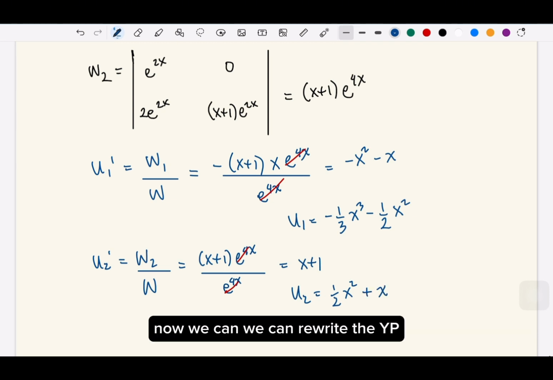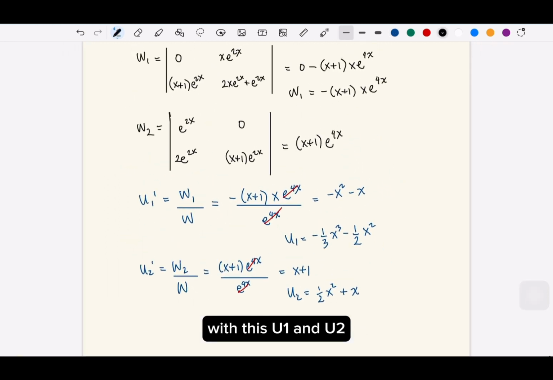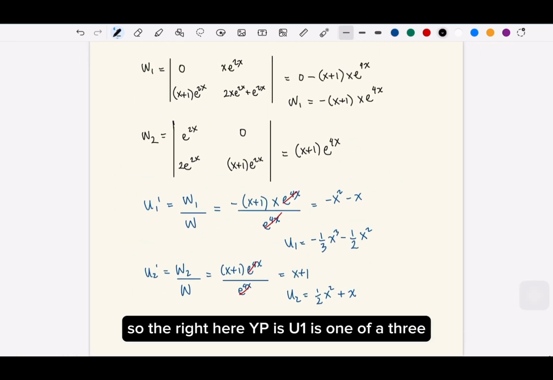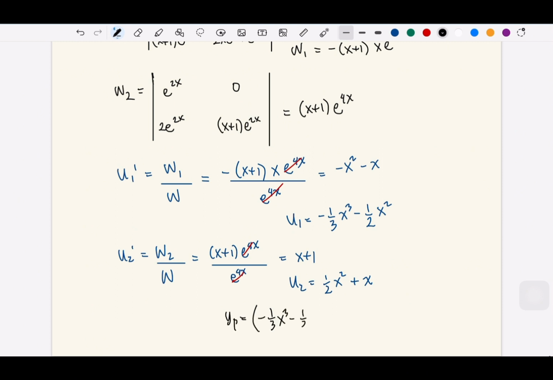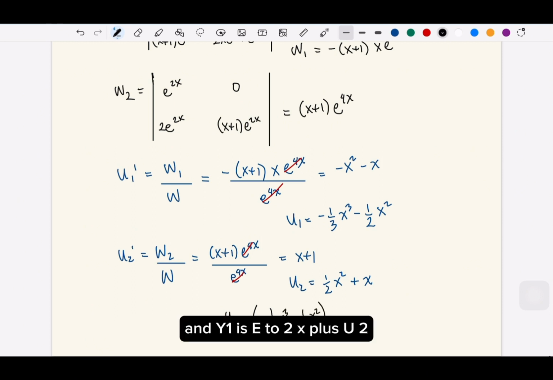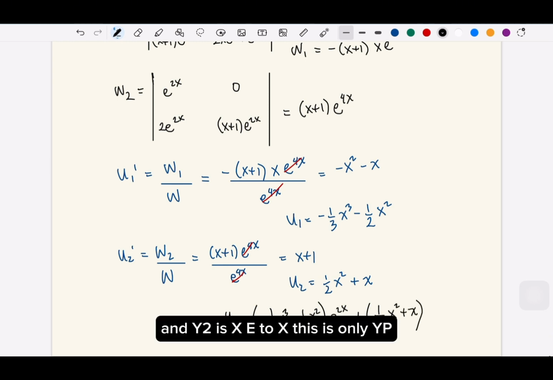Now we can rewrite the yp with this u1 and u2. So let me write here, yp is u1, negative 1 over 3 x cubed minus 1 over 2 x squared, and y1 is e to 2x, plus u2 and y2 is x e to 2x. Okay. This is only yp.